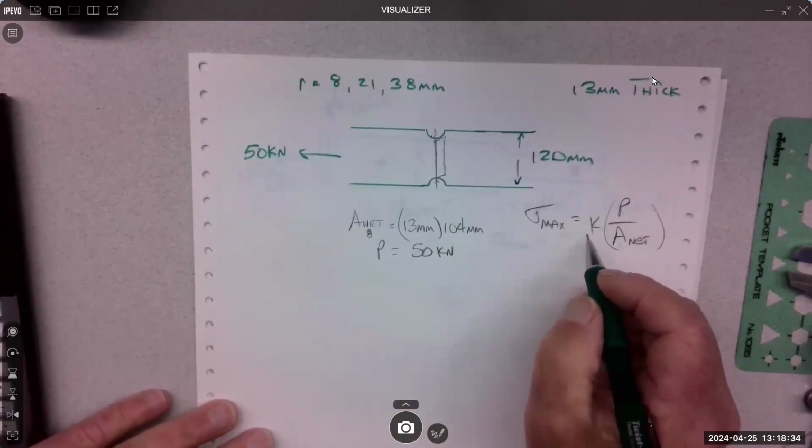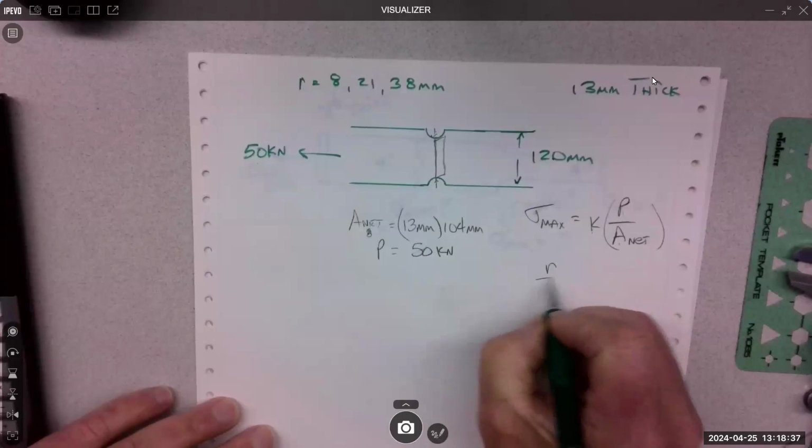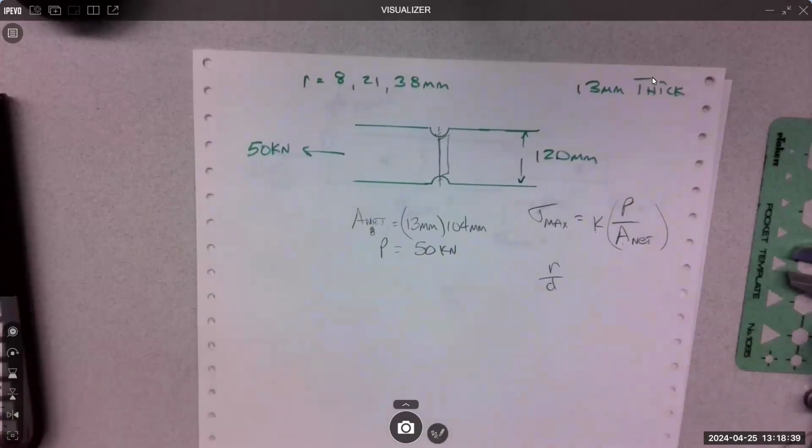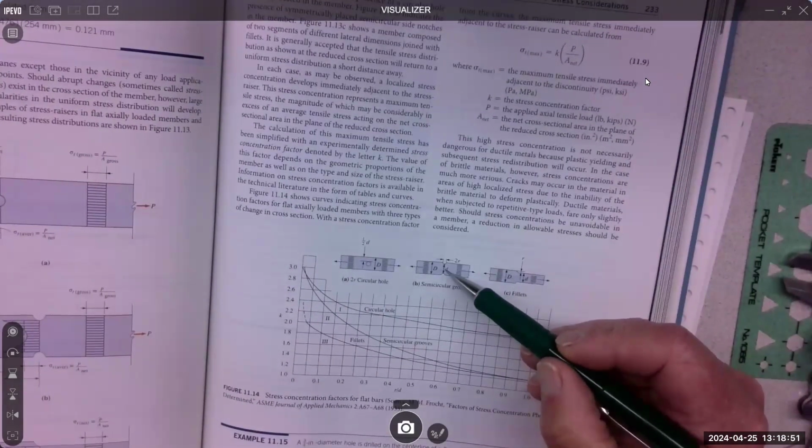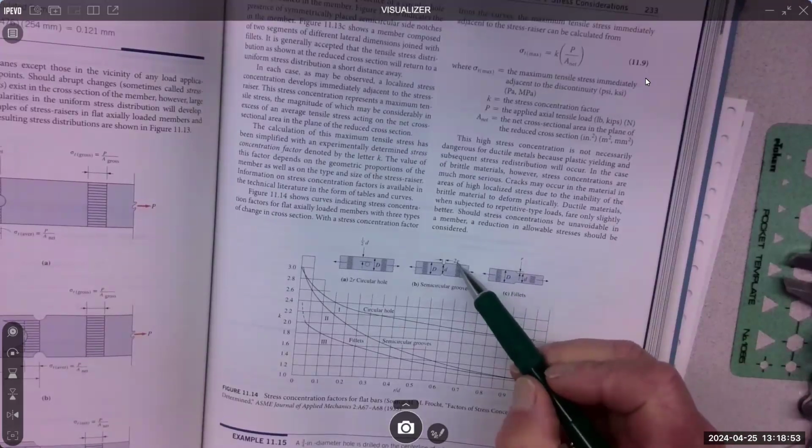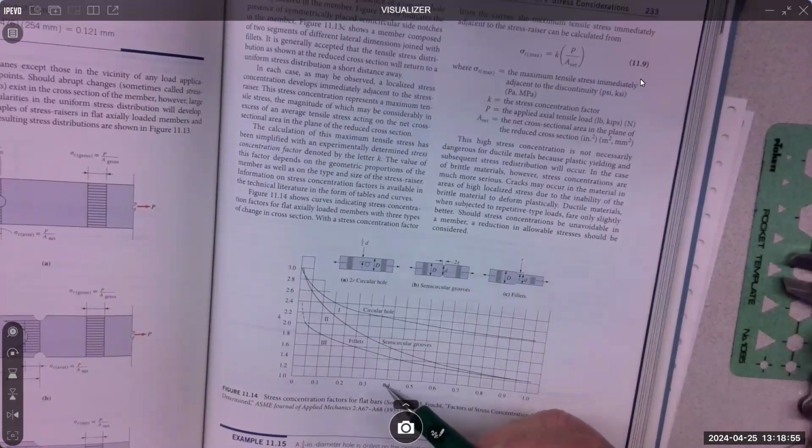Yeah, R over D. You do R over D, and you may need to look at the graph to make sure you understand what everything is. For the semicircular grooves, D is this distance that's left over, and R is the radius. Okay.